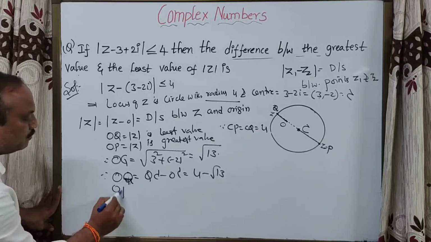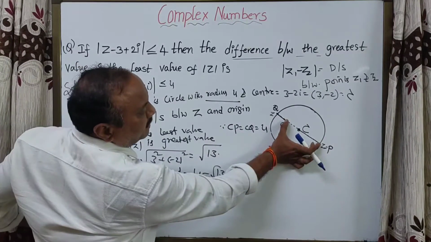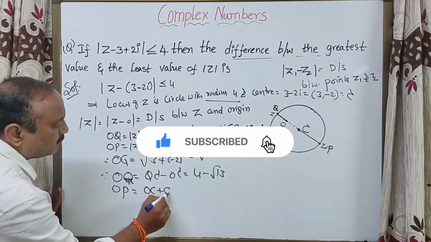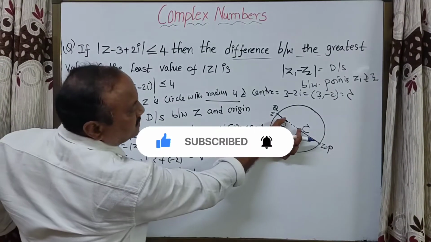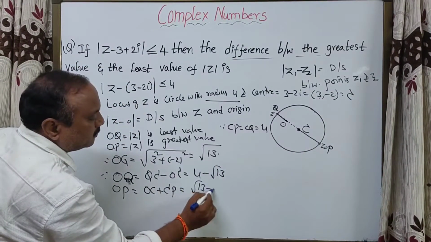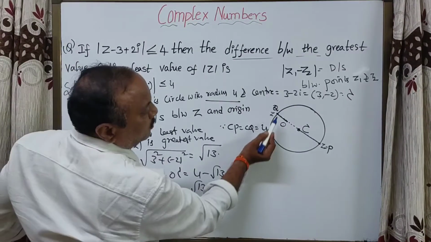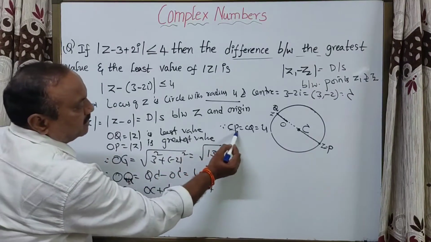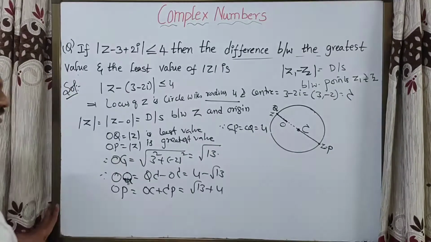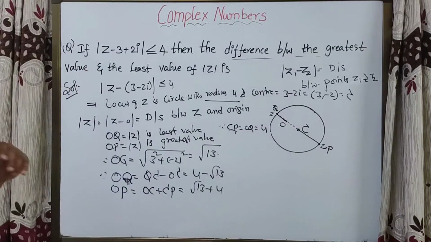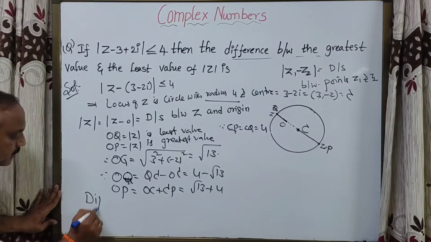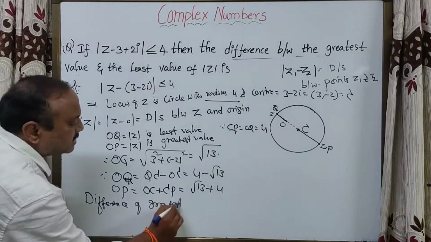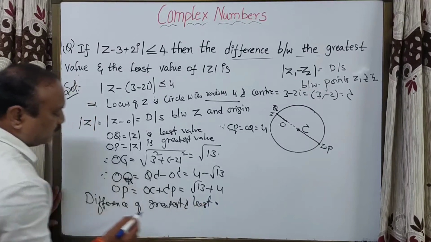Similarly, OP equals OC plus CP. OC is this distance, root 13, plus CP, the radius 4. You want the difference of the greatest and the least. What is greatest?